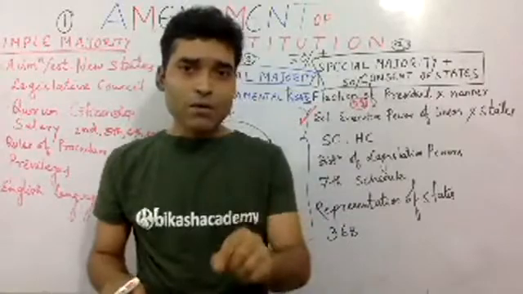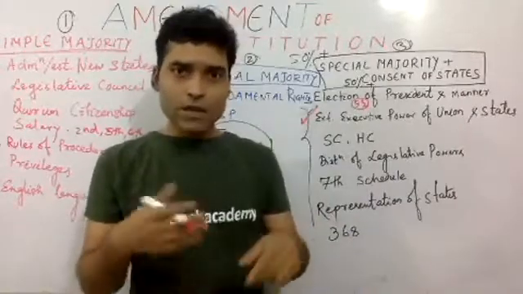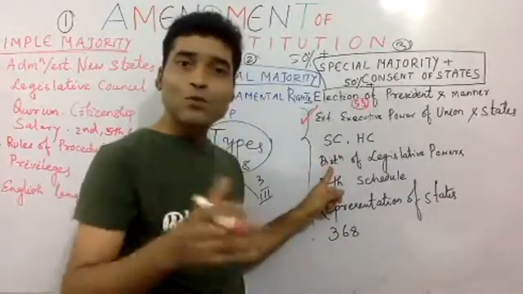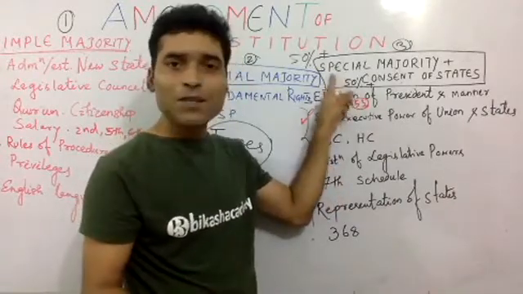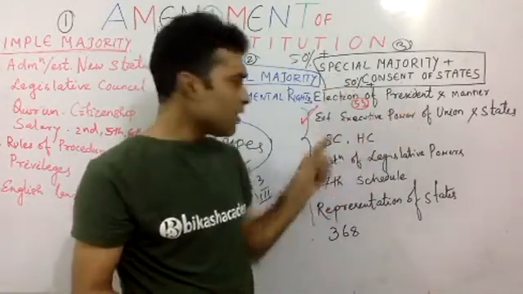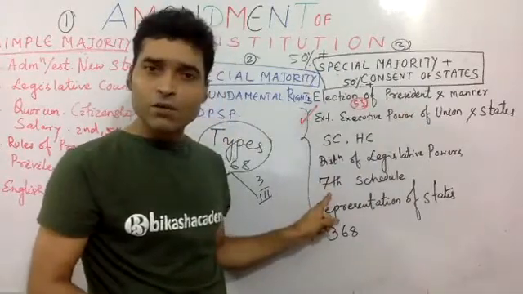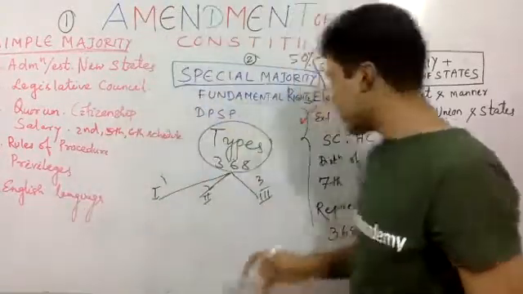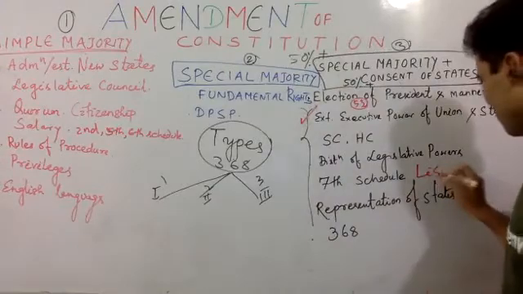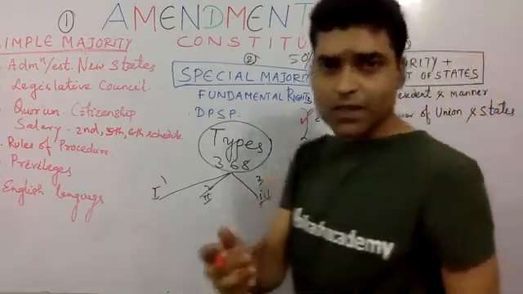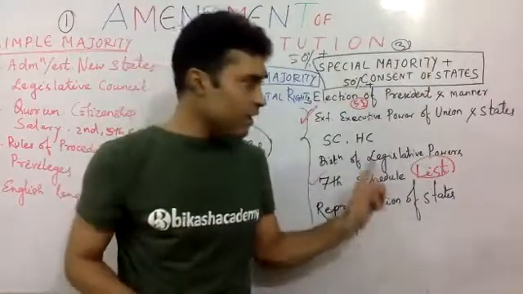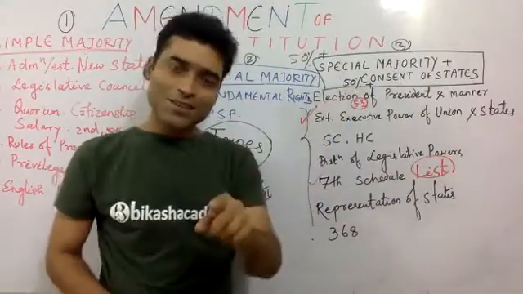And if Parliament wants to distribute legislative powers, the law-making power, it requires special majority plus consent of states. Even the 7th Schedule, which talks about the lists: if Parliament wants to change the lists mentioned in the 7th Schedule, then special majority plus consent of states.